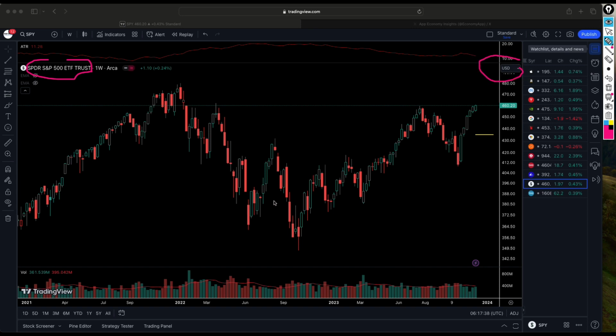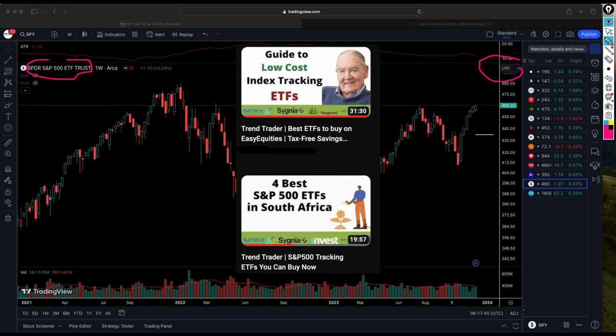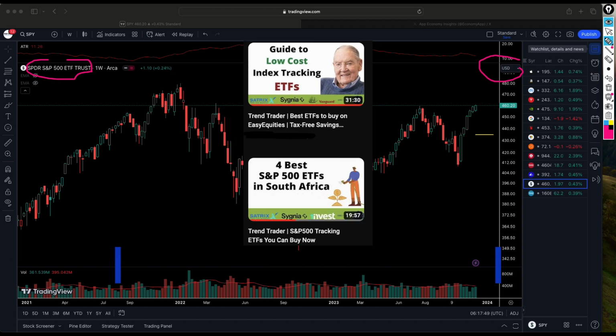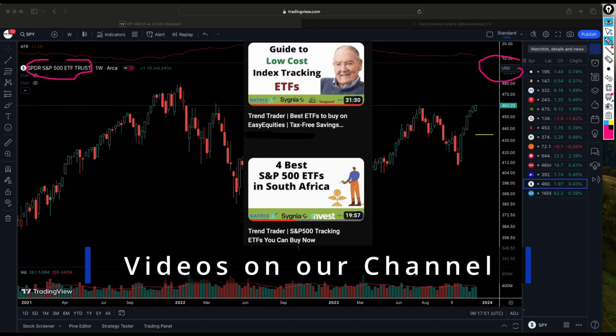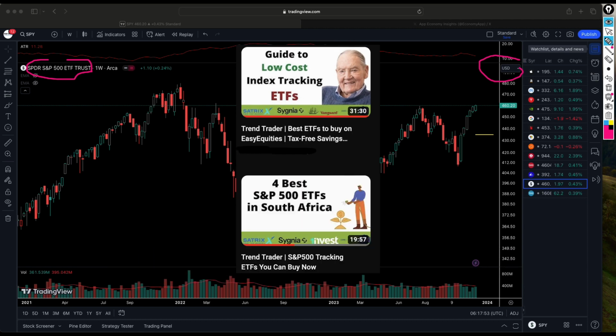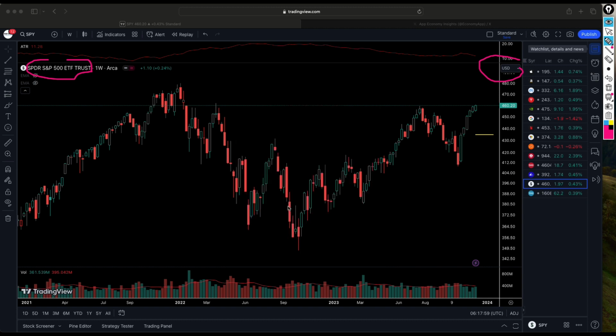If you buy them in your tax-free savings account, especially for people in South Africa, chances are you will find an ETF that tracks the S&P 500, but it is priced in rands. Therefore, the chart or the price action may not look similar. But since those ETFs are tracking the S&P 500, we also expect them to perform in a similar way, even though the chart pattern might not look the same.